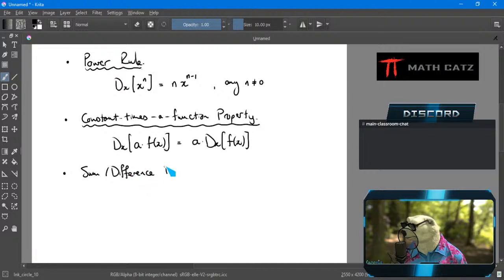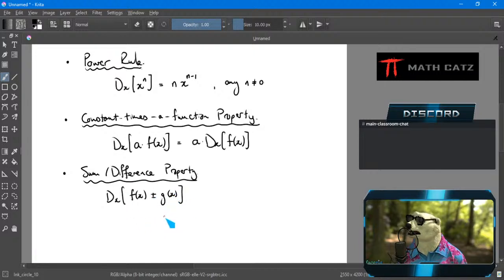Really, this is two properties in one, one for the plus, one for the minus, but because they look the same, people just merge them together. Technically, it's two properties, saying that if I have, let's say here, an f plus or minus a g, so my whole function is made up of different terms added or subtracted together.